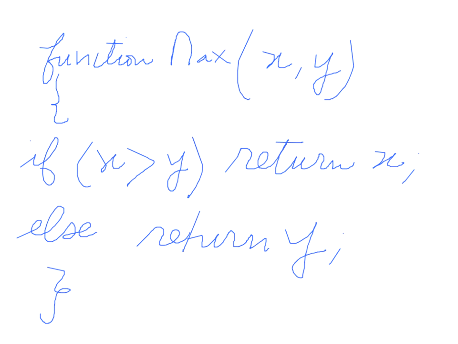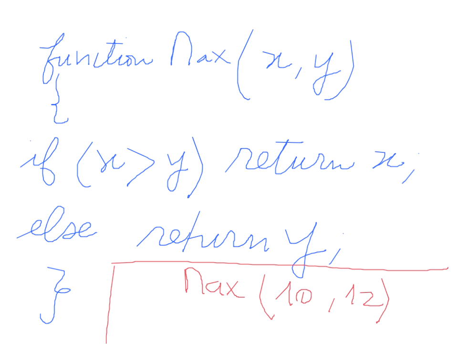So what is the meaning of return? Else this function returns the value of y. That means the output, not display, the output. In my example, I will write, for example, max(10, 12).